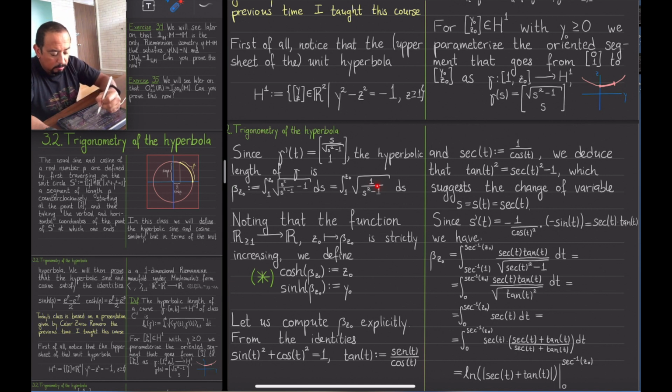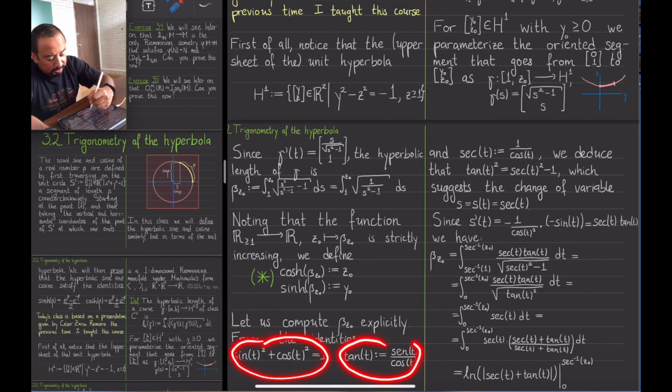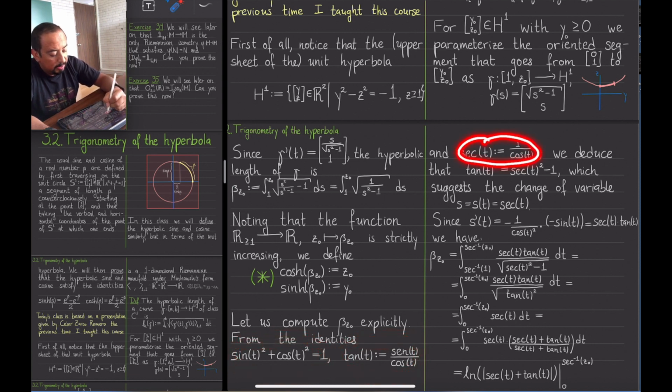Well, where can I see a square minus 1? Well, more or less here, right? But so from this identity, and these definitions that the tangent is sine divided by cosine, and the secant is 1 divided by cosine, we see, well, here we can divide by cosine squared.